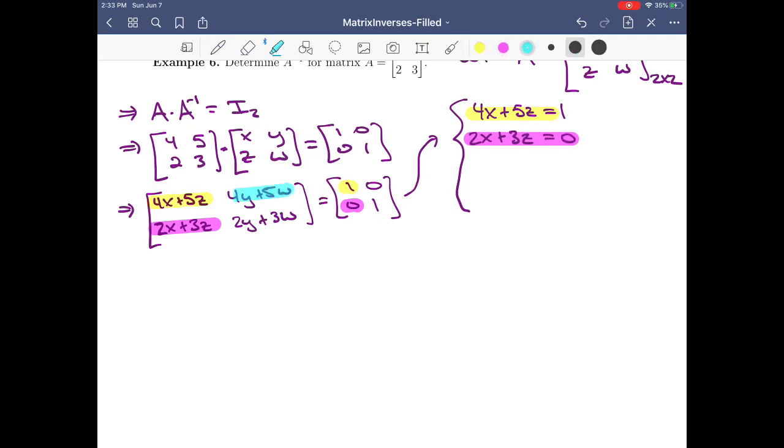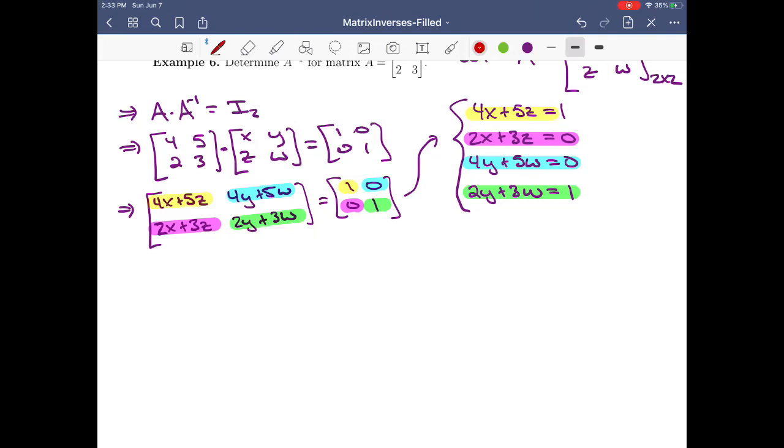We should have 4y plus 5w equal to 0. And we should have 2y plus 3w equal to 1. So we get these four equations. Now, if we were going to solve this using, say, Gauss-Jordan elimination, there are 4 variables and 4 equations. You can do it, but it's going to be a big, big system.